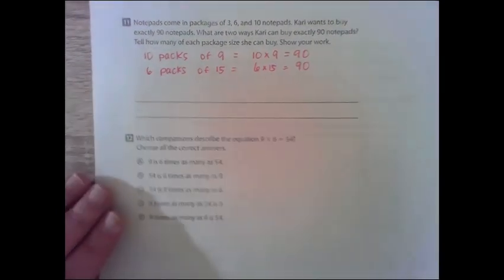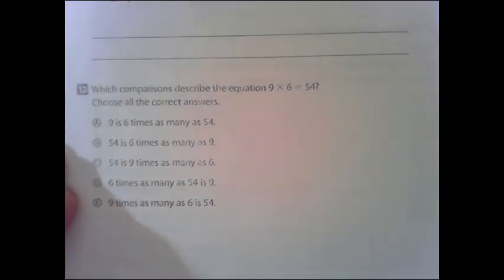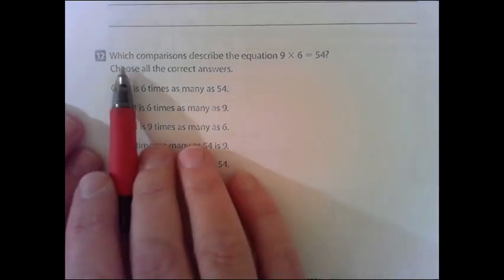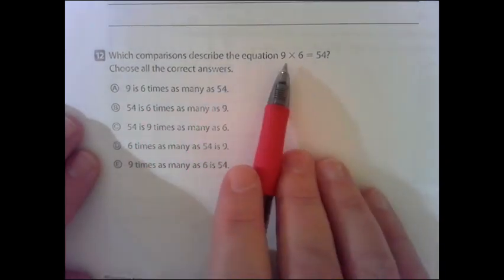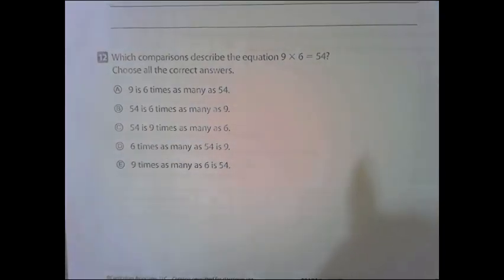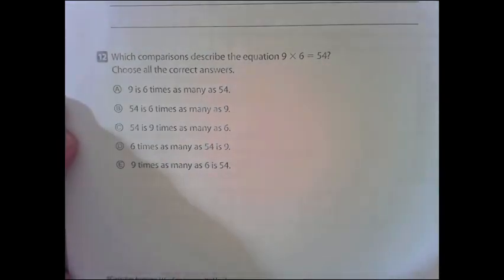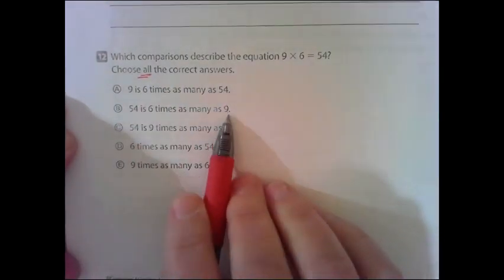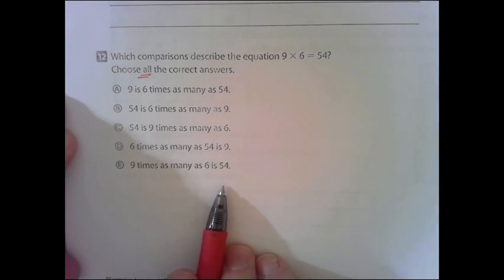Okay, looking at number 12. Which comparisons describe the equation 9 times 6 is 54? Again, it's choose all, so we've got to go through all the options and decide which ones are correct.